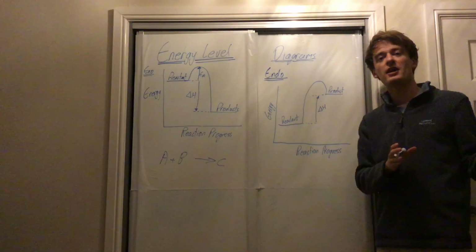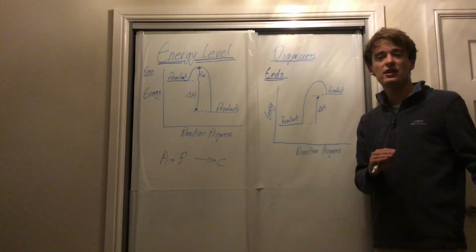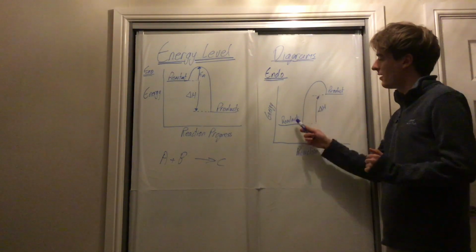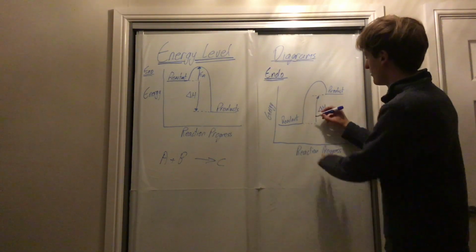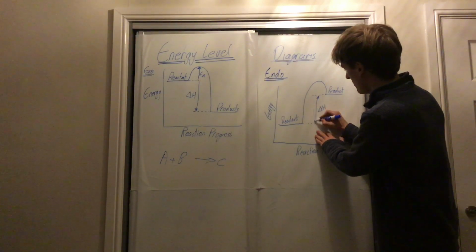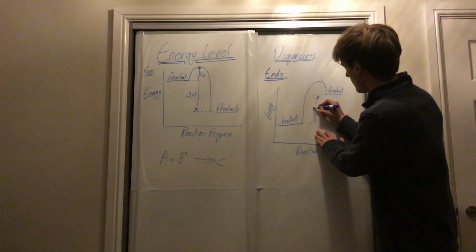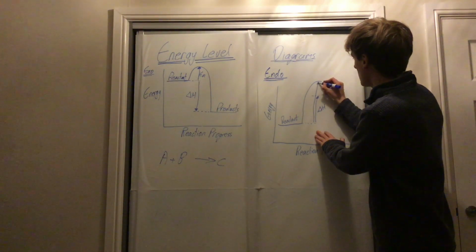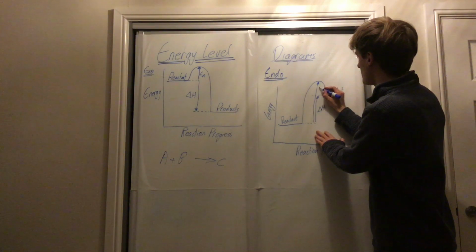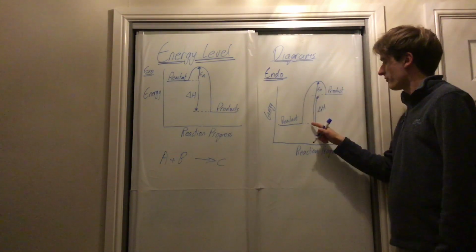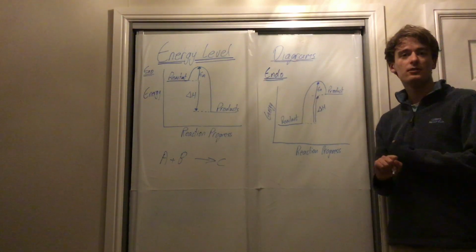And activation energy is the energy needed for the reaction to happen, to overcome this, but we're starting at my reactant level. So my activation energy for an endothermic reaction goes all the way up there, EA, right from the reactant, right to the top of the energy level diagram.